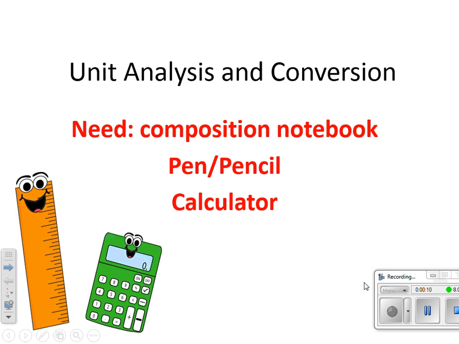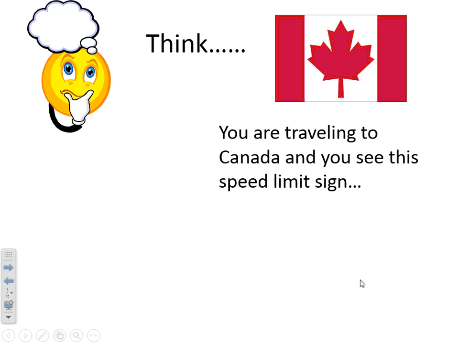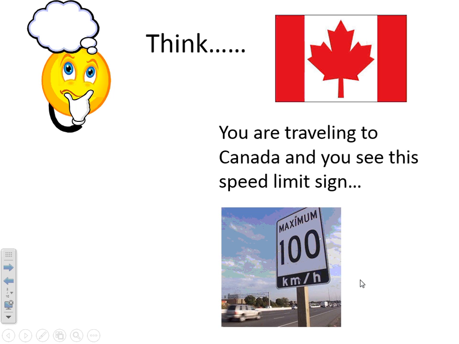So the first couple of slides I'm just going to talk about why we're doing this unit analysis. If you are driving to Canada and all of a sudden you see a speed limit sign that says 100 kilometers per hour, we might think that's 100 miles per hour.